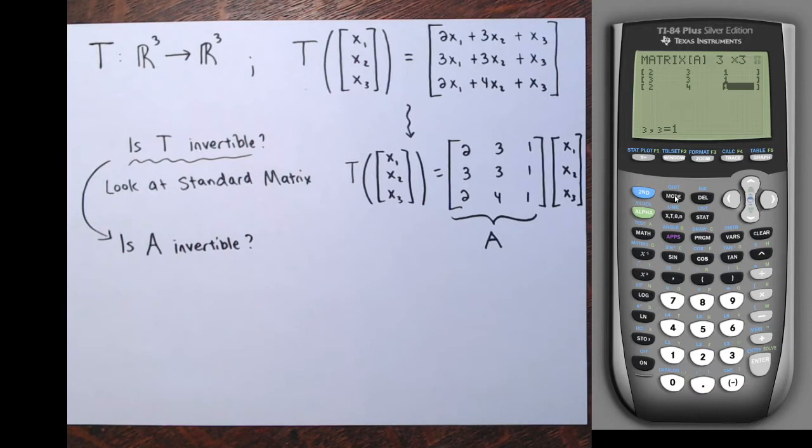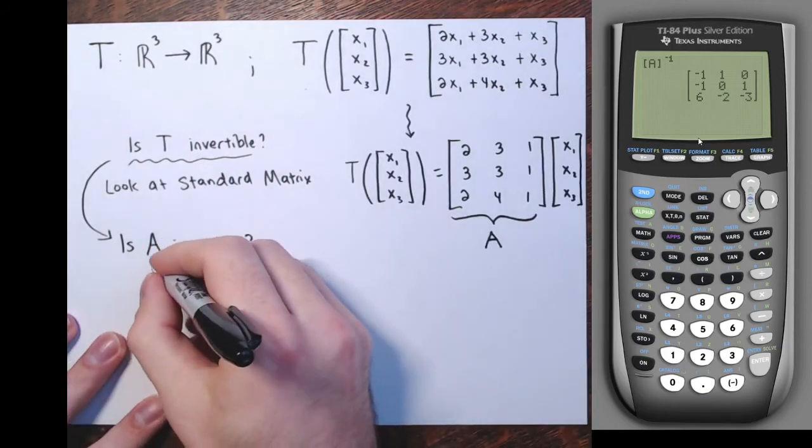I get out of here, quit. Now I'll find the inverse. Go back to the matrix, hit A. That was matrix A, and then just hit this inverse button right below the matrix, the little -1. And if it comes back with an error, then I'll know it's not invertible. But it doesn't. There is an inverse. So, yes.